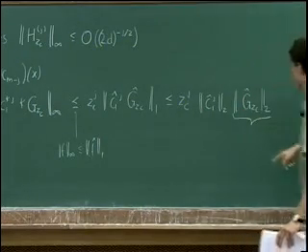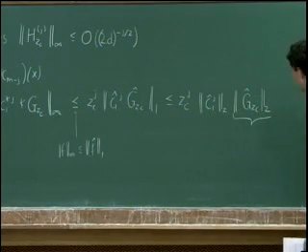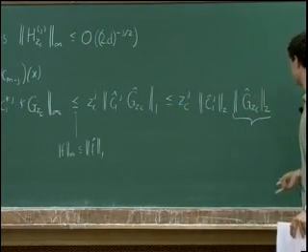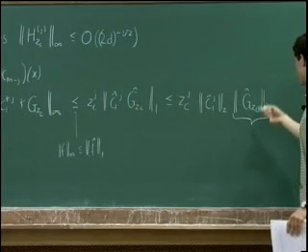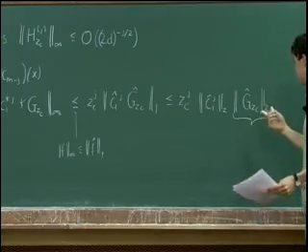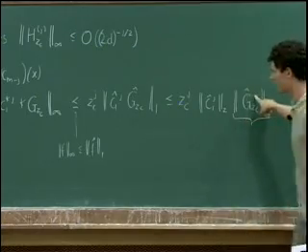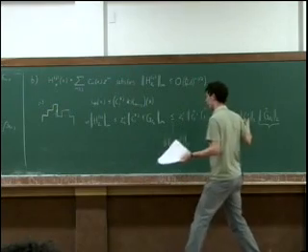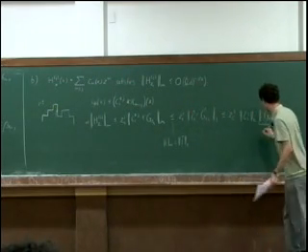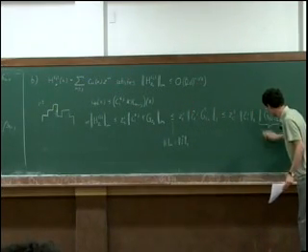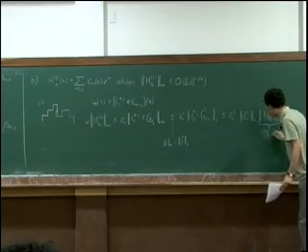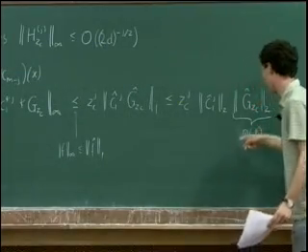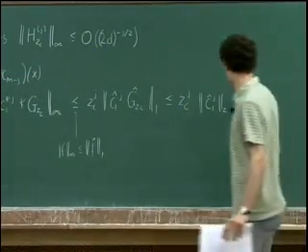So what are these terms? Let's look at this term first. I think this is the critical bubble diagram, actually. We've seen it's finite, but I want that it's O of 1 in d. Why is that?